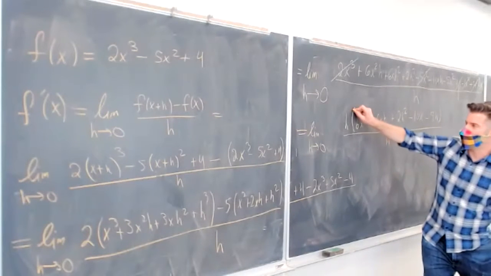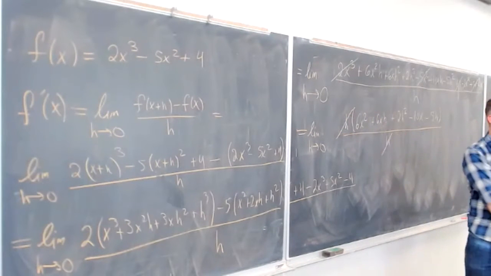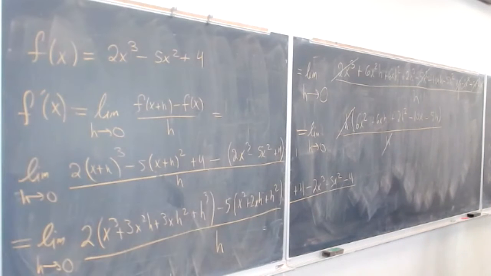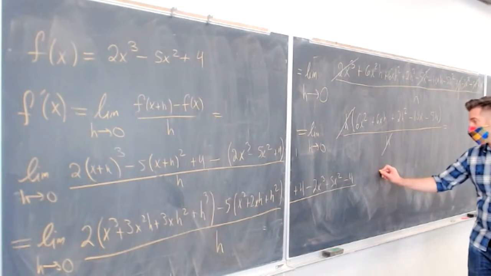Then you can cancel this factored out h with the h in the denominator. And now we can actually evaluate the limit. Now that I don't have to worry about dividing by 0, the rest of the h's can actually go to 0.